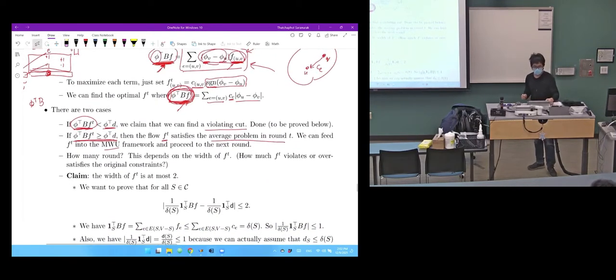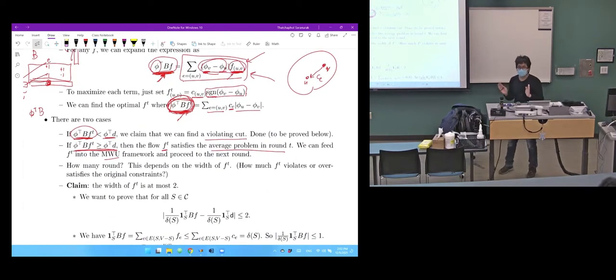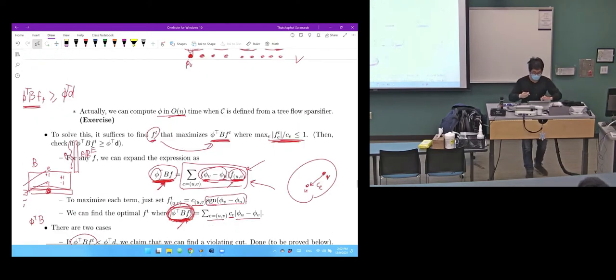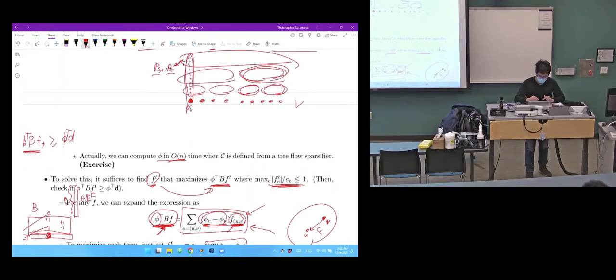Okay. So that really completes the algorithm description, right? In each round, the framework gives you the weight on each set, and you sum the weights on each set, and you get some number phi v for every node.